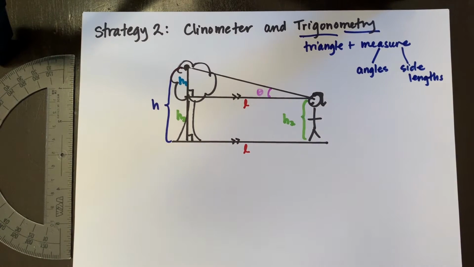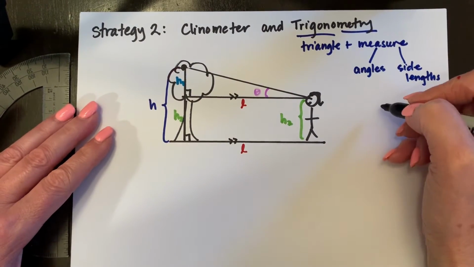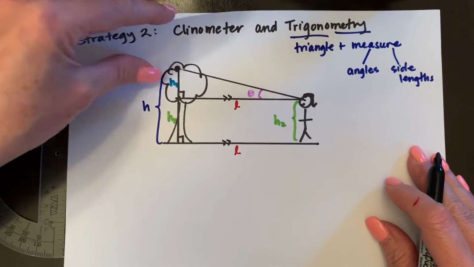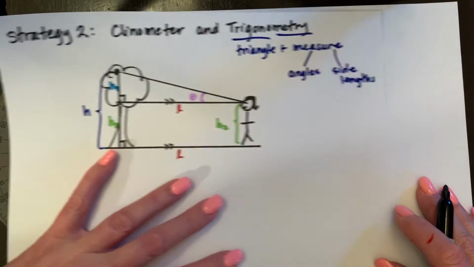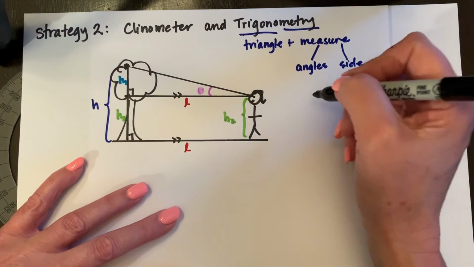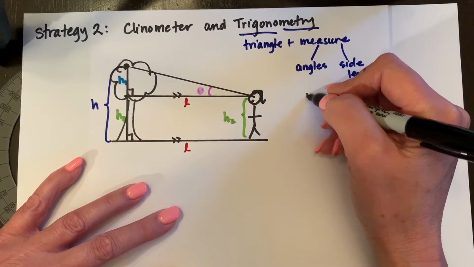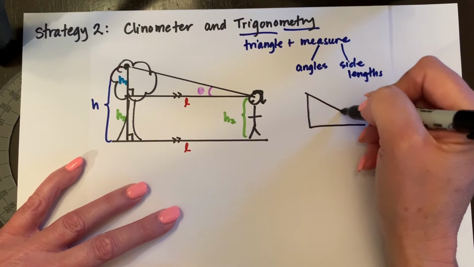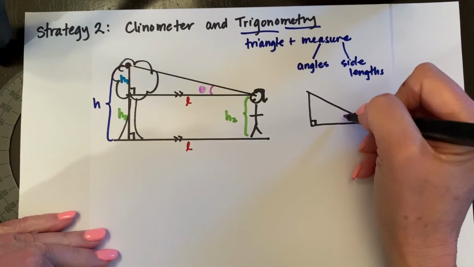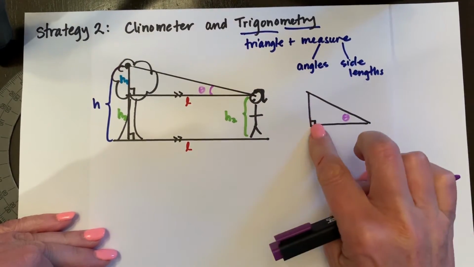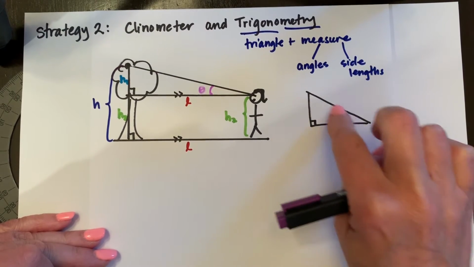And so there are 6 trig functions that are based on a right triangle. So let me scoot this over a little bit so you can see, maybe I could fit it in right here. Okay, so if we have a right triangle and an angle, there is the right angle, and then there are 2 acute angles.